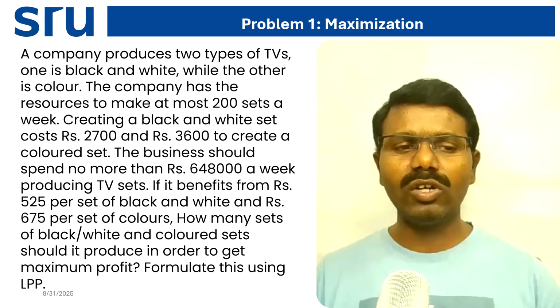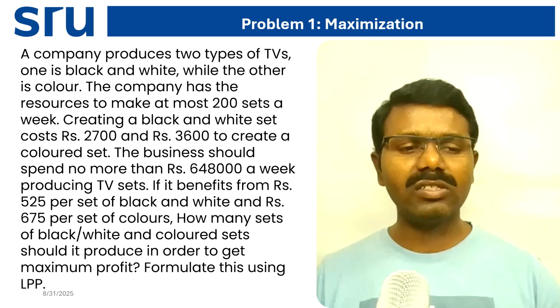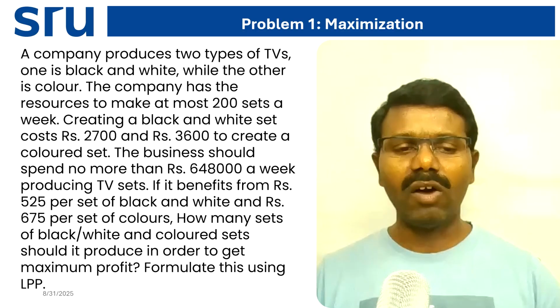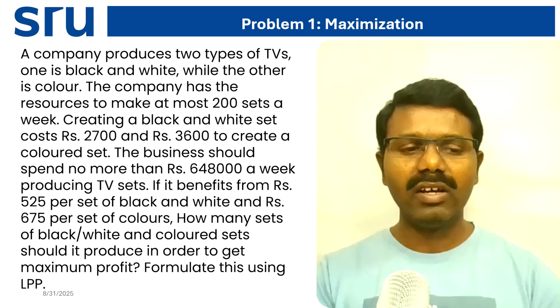The business should spend no more than 6,48,000 a week producing TV sets, if it benefits 525 rupees per set of black and white and 675 rupees per set of color. How many sets of black and white and colored sets should it produce in order to get the maximum profit?